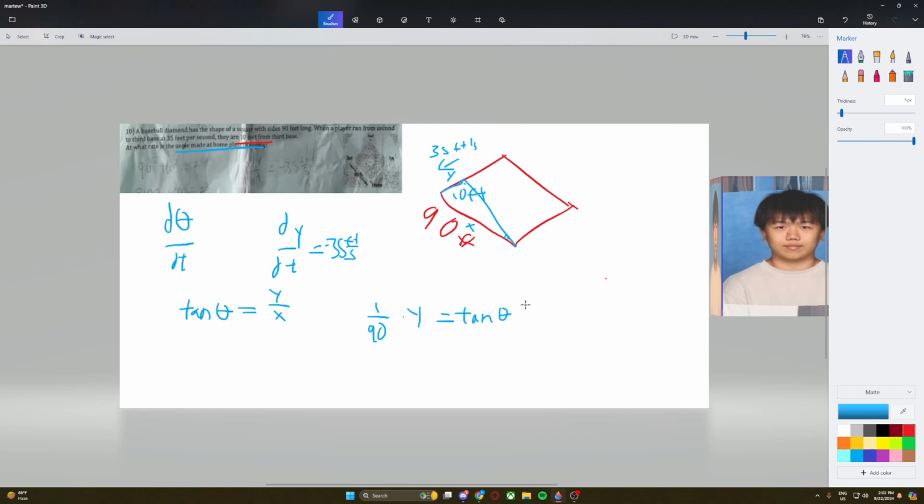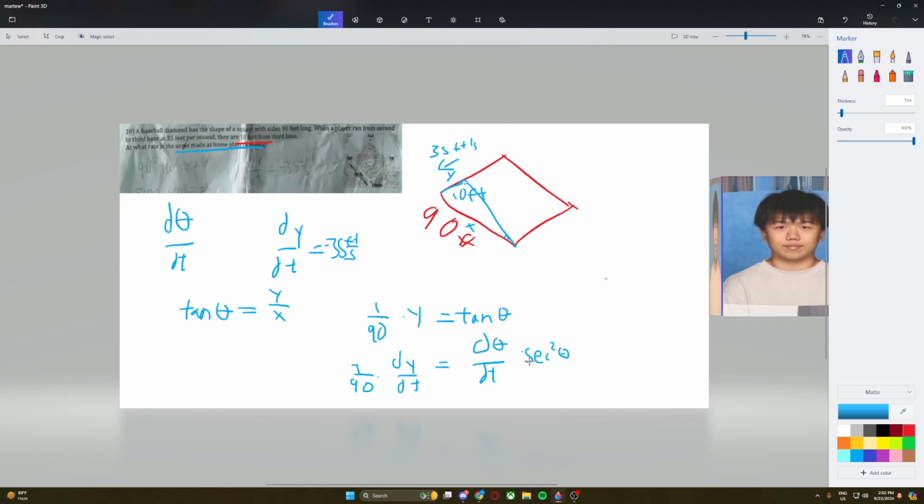and we get the derivative. So d theta over dt times sec squared theta equals dy/dt times 1 over 90.